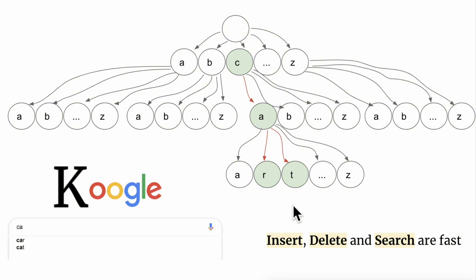This implies that if we can construct a trie with 5 levels, we can include all the words Lucas knows. So once we build this trie, operations such as inserting new strings, deleting strings, and most importantly, searching for a string in this set are quite fast. While it will use more memory to store, the process of finding a string in this trie will not change, which is a significant advantage.